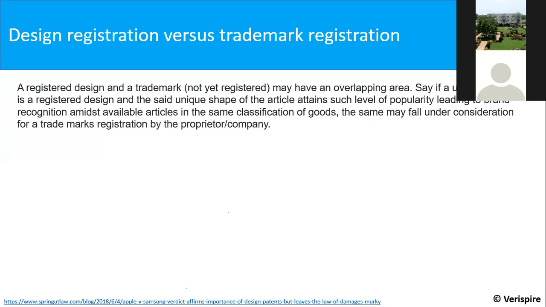Means if you come up with a trademark and say that it is quite unique, but someone already used that design in any IP, not only design but patent also, then you can't file for a trademark. So your design has to be unique, novel, and original.